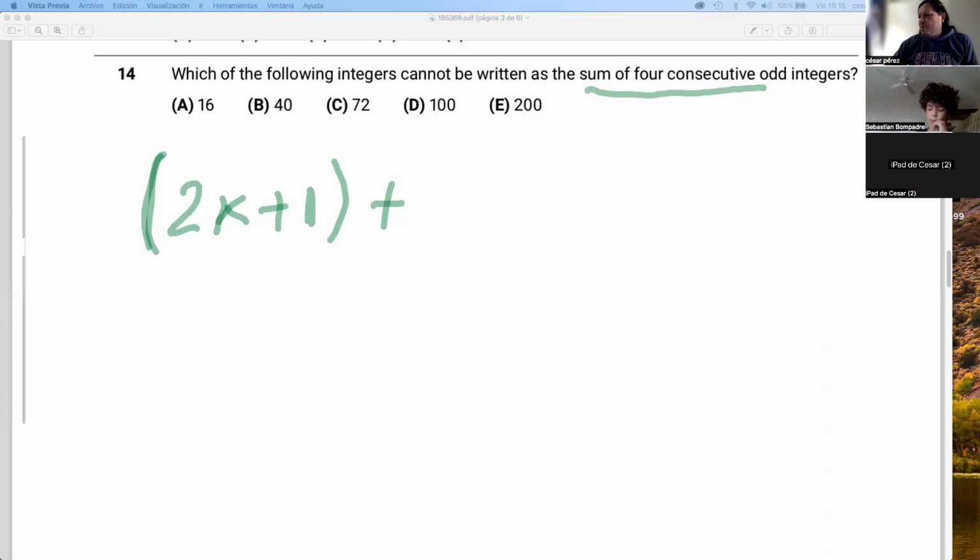Este es el primer número impar. ¿Cómo escribiríamos el siguiente número impar? ¿Cuál sería? 2k plus 3. Okay, 2k plus 3.